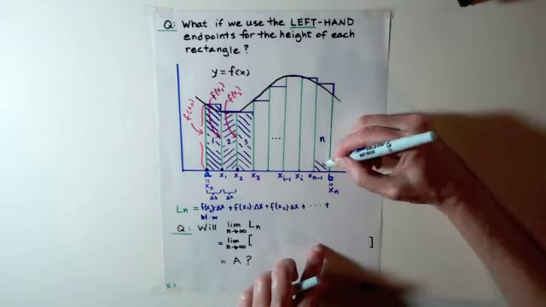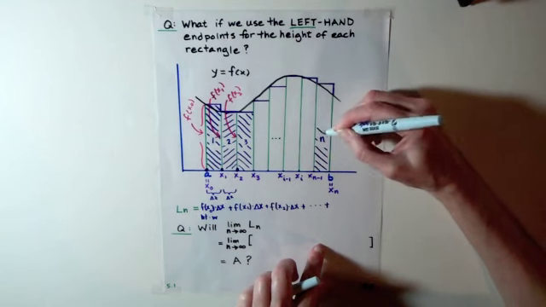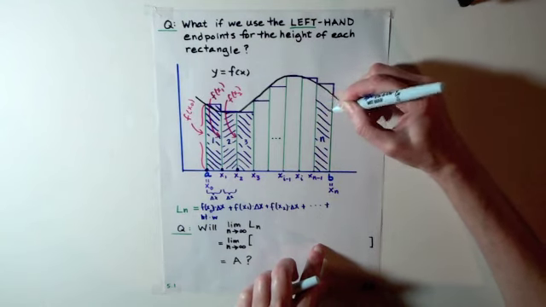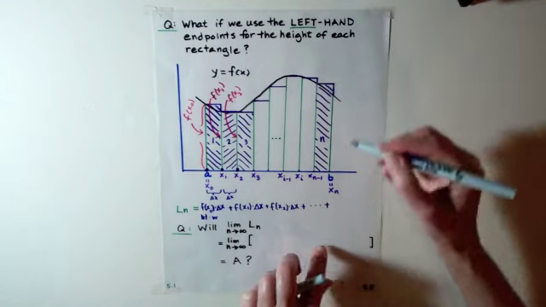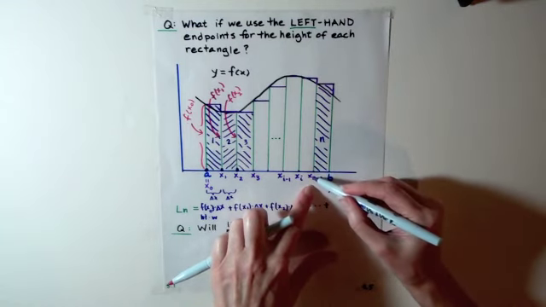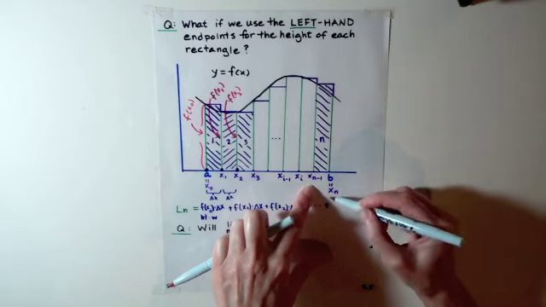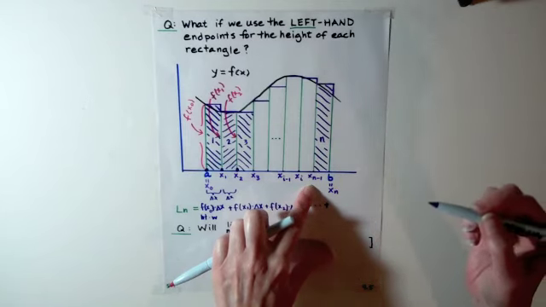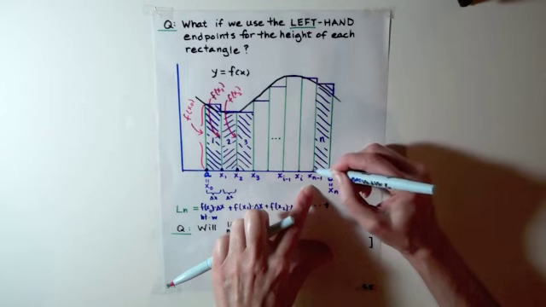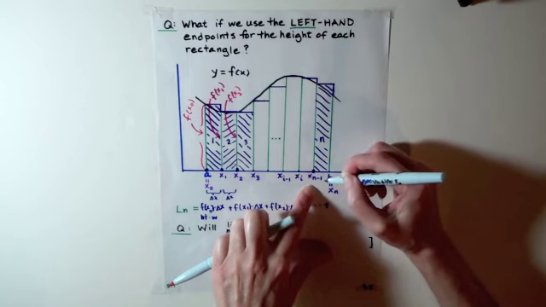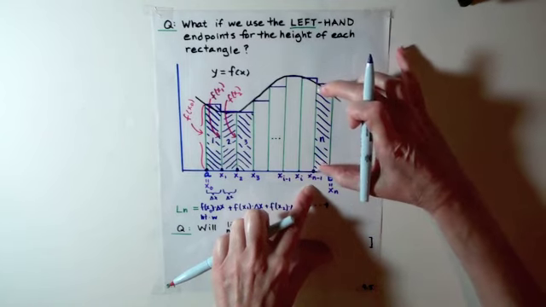So I'm going to go ahead and shade in this rectangle. And we're looking at the interval from x sub n minus 1 up to b, which is the same thing as x sub n. Remember, we're using the left-hand endpoint, so I'm going to be using x sub n minus 1 to create the height of my rectangle.